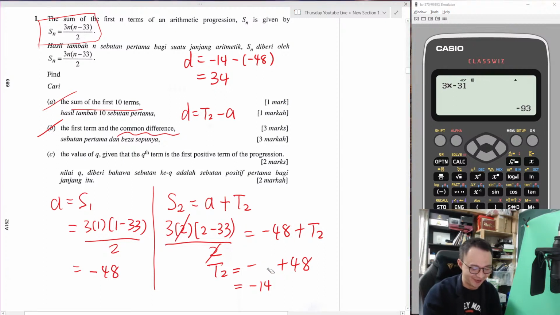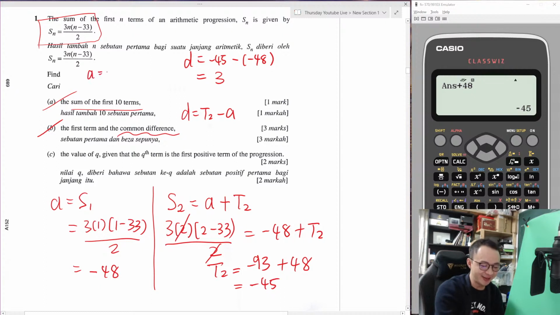So we have negative 93, then plus 48, negative 45. Now it makes more sense. So my second term is negative 45 minus negative 48, then I get positive 3. Right now I get my first term A is negative 48, and my common difference is 3.